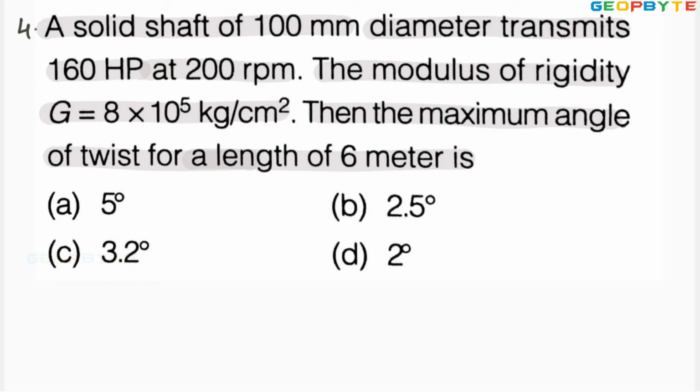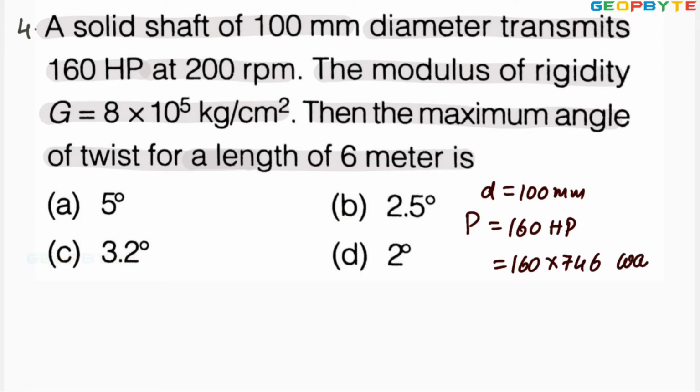Let me write the given data. The diameter of the shaft equal to 100 mm. Power P equal to 160 HP. It is equal to 160 into 746 for getting in watts. So it is equal to 119360 watts.